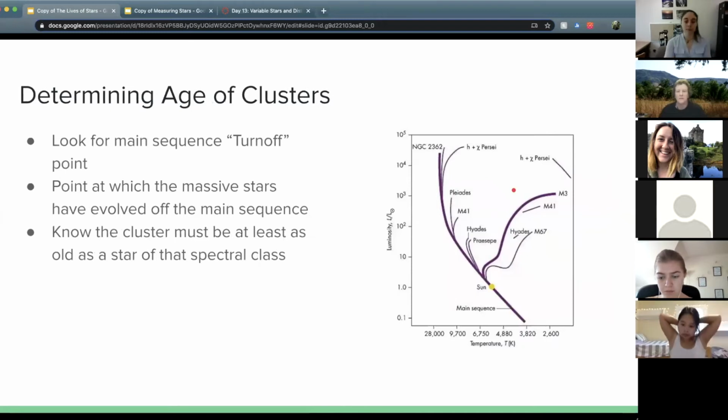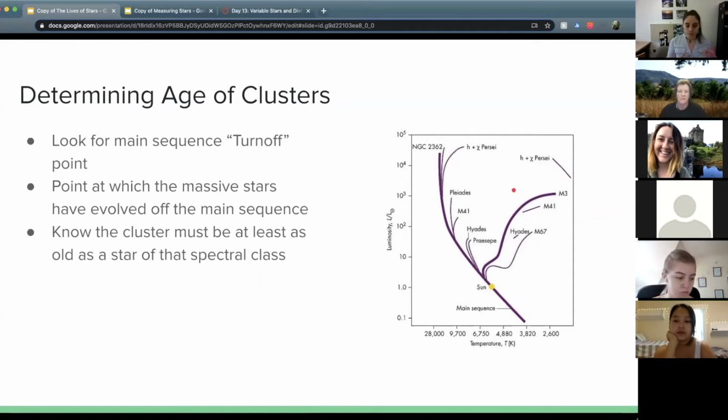Okay. And as I mentioned, we can use where stars fall on the HR diagram to figure out the age of a cluster. We do that by looking for which stars in the cluster are no longer on the main sequence. If you can find the lowest mass star that has run out of hydrogen to fuse into helium, you know how long that star will live, so that will tell you the age of the cluster.